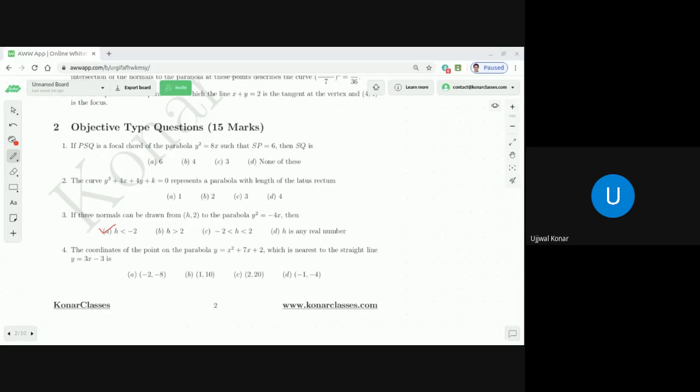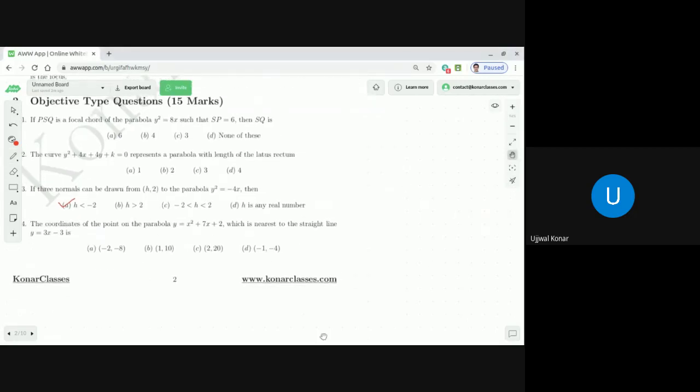That means the equation m³ + (h + 2)m - 2 = 0 must have 3 distinct real roots. So let's assume f(m).